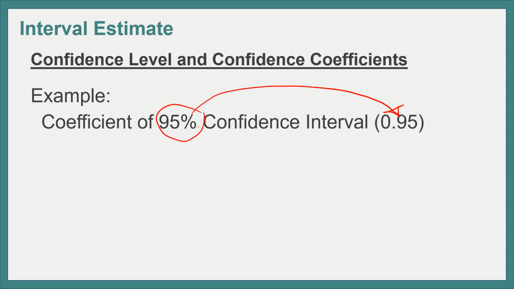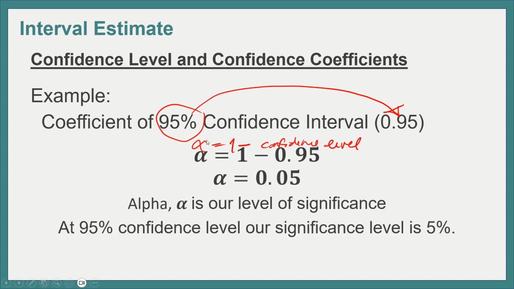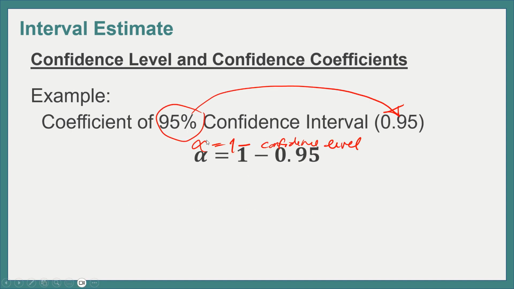So 95% is 0.95. To find alpha, alpha is equal to 1 minus our confidence level. So we have 1 minus 0.95, our confidence level. 1 minus 0.95 will give us 0.05.